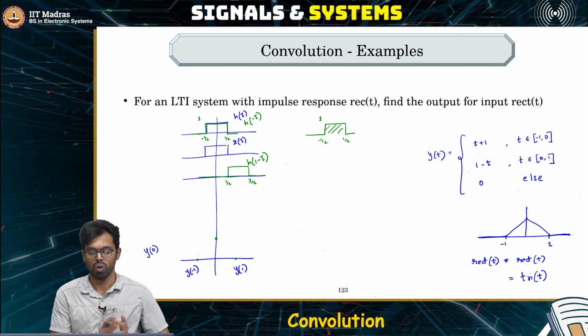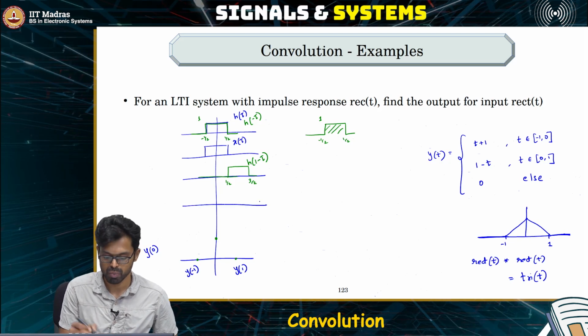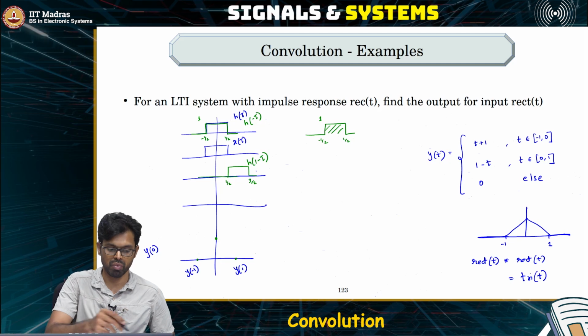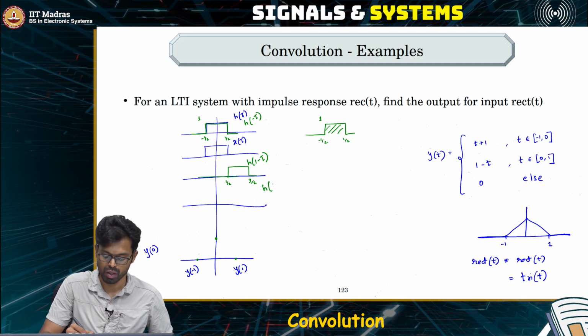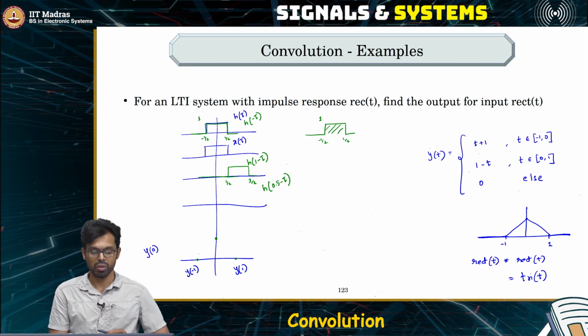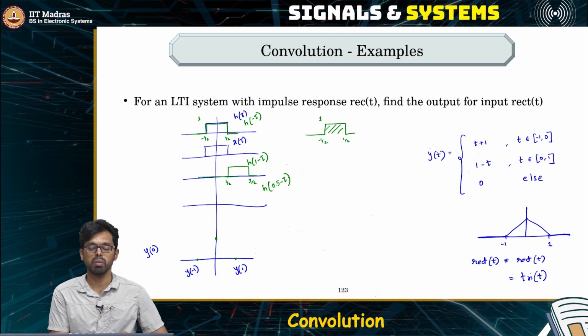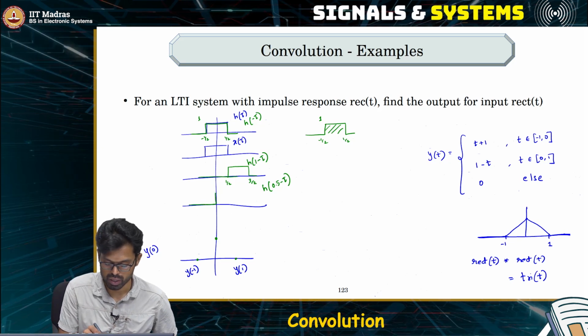So how to find out the values of the rest of the points? All you have to do is shift. So let's say we want to find out h of 0.5 minus tau. How do you find this? Shift the signal by only 0.5 or half times. How does that look like? It looks like this.